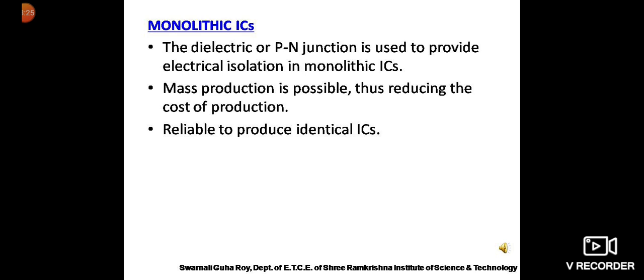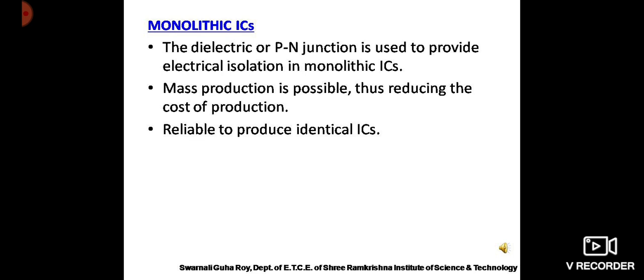In monolithic ICs, the dielectric or PN junction is used to provide the electrical isolation between the two conducting regions. Electrical isolation means when we want to isolate two different conducting regions so that they may not be shorted together. Secondly, as it is possible to produce ICs in batch production, that is mass production, the cost of production is reduced.